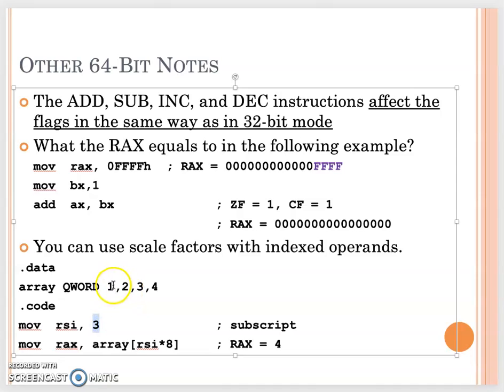So this one is 0, 1, 2, 3, so 3 actually is the 4. So when you want to access the 4, you're just using the indexed addressing. So that's the array name, then you have your RSI, the subscript, then times 8, or you can say times TYPE array. Then we can access the 4 and save it in RAX.